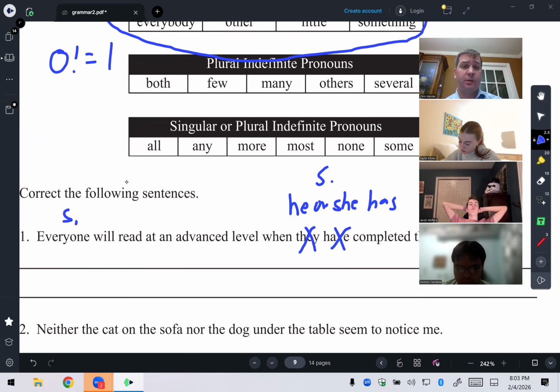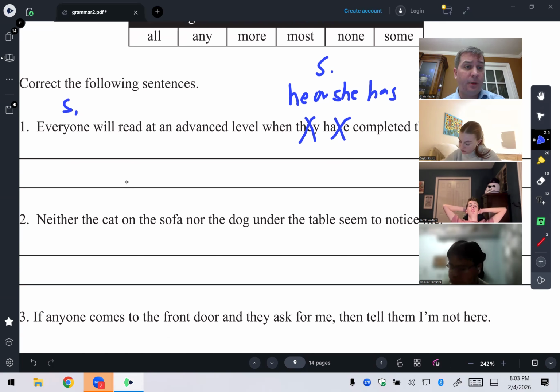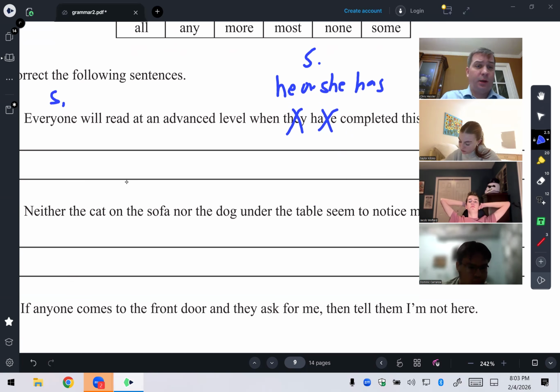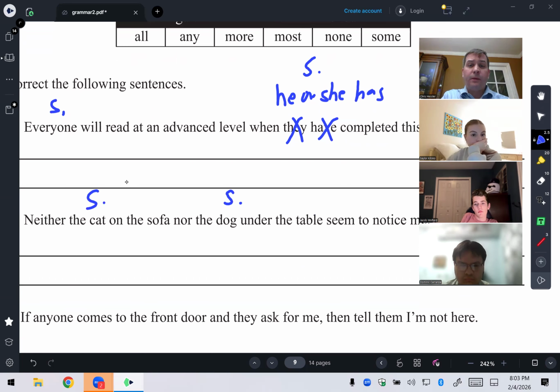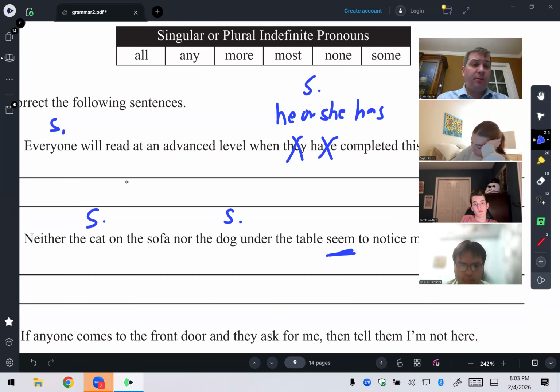That was number, singular. Neither the cat on the sofa nor the dog under the table, singular, singular, seem to notice me. So here I have a compound subject. The compound subject is actually singular because I'm talking about neither the cat nor the dog. I'm using a correlative conjunction to combine two singular entities.